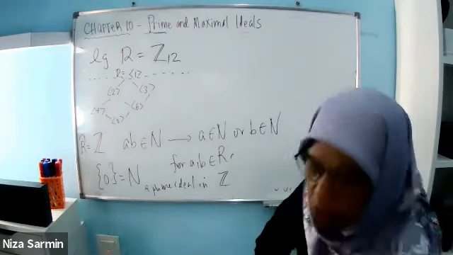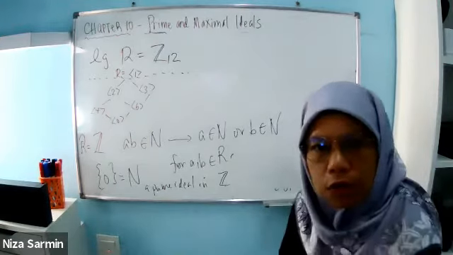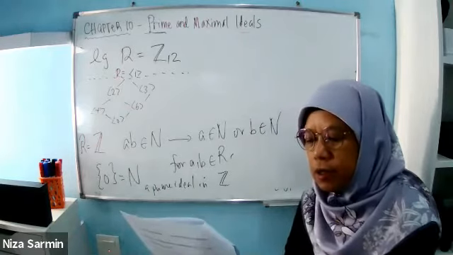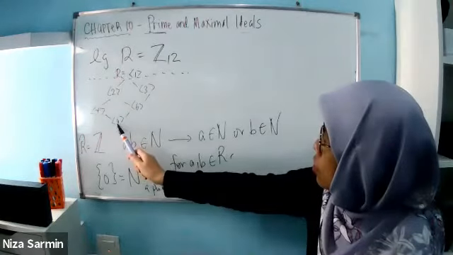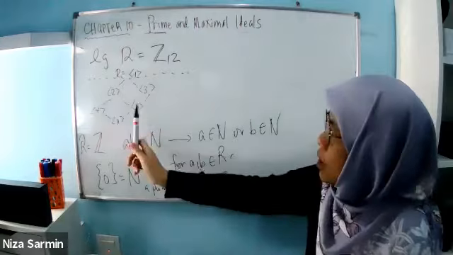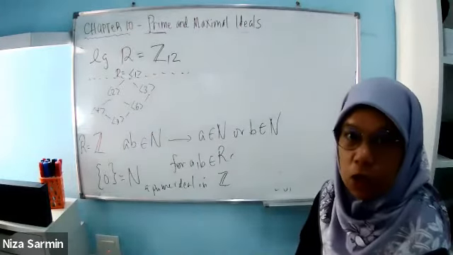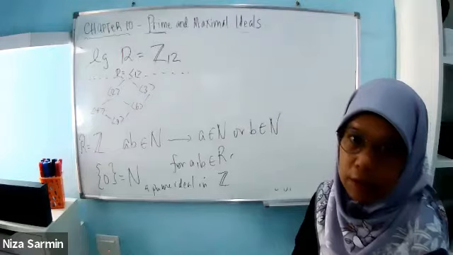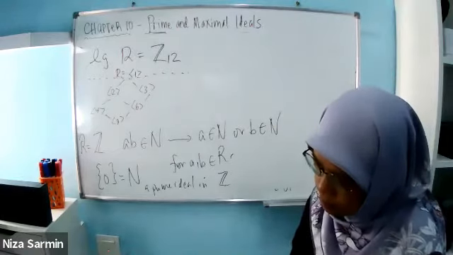I'm missing a 4, Hannah. Can you correct that? The ideals, yeah? 0, 1, 2, 3, 4, 6. This is the ideals, including the trivial and improper. Okay, that's the ideals.